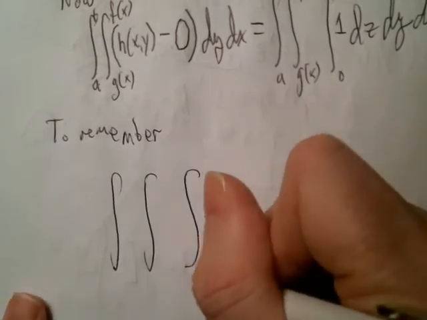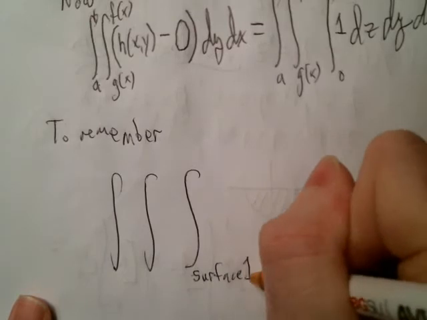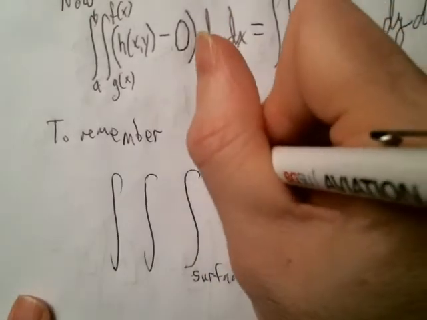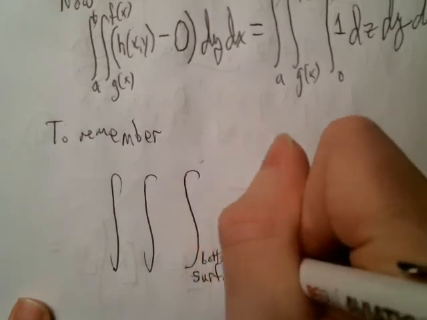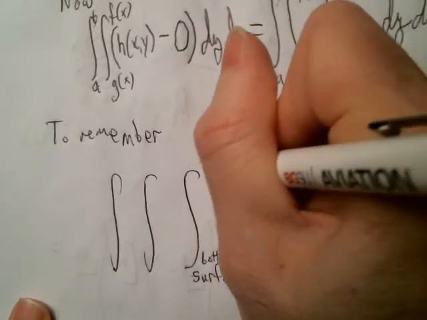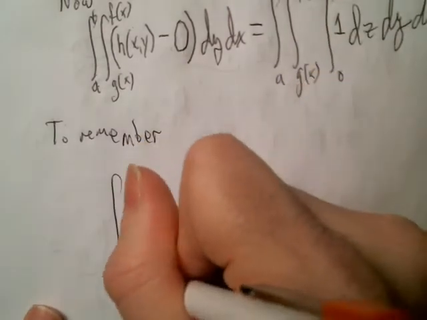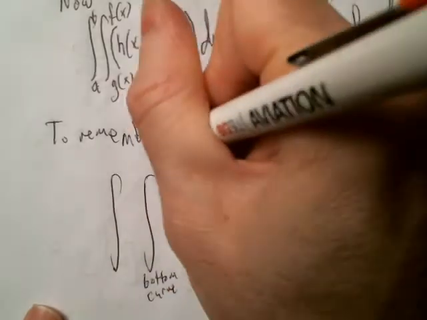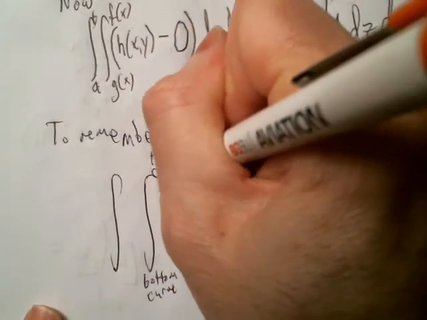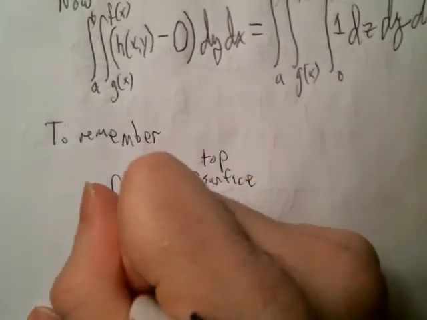But I think of it as going from surface 1 to surface 2, so a bottom surface to a top surface, and then bottom curve to top curve, and then left point to right point.